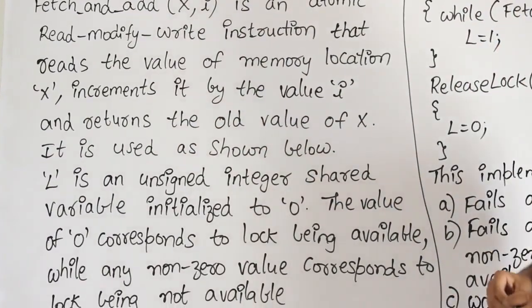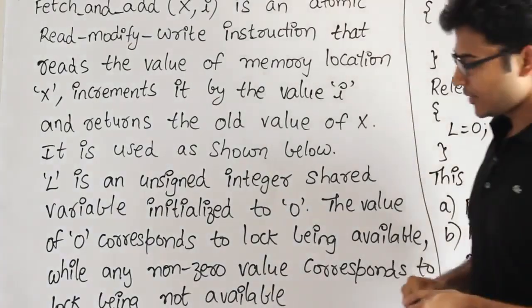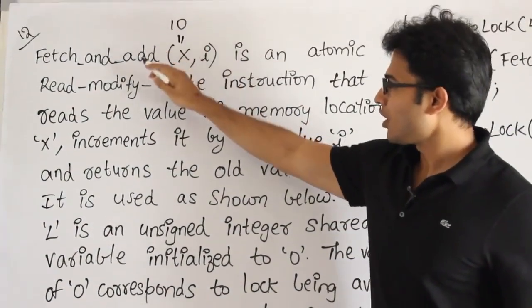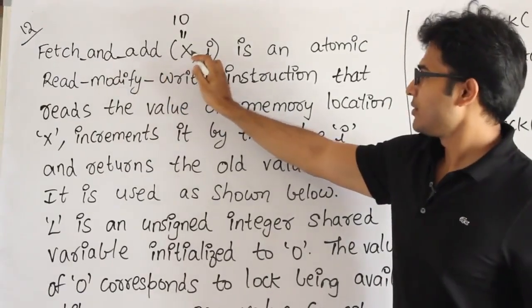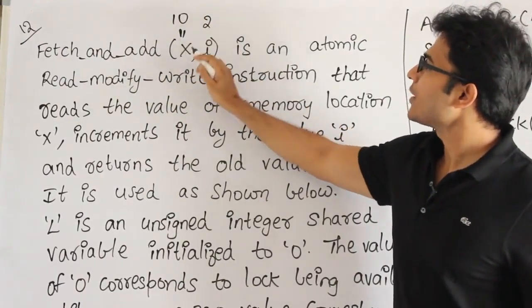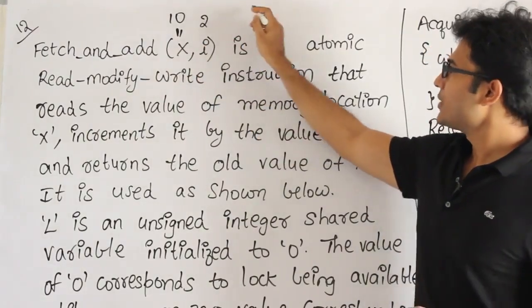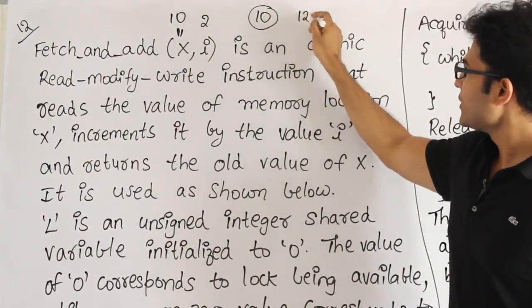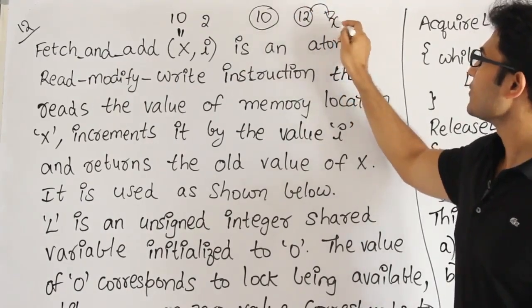So it increments by whatever I is, and returns the old value of x. How does it work? Let us say x is initially 10, and you call fetch and add x comma 2. Then the original value 10 will be returned to you and 10 plus 2, 12, will be set to x. That is how it works.